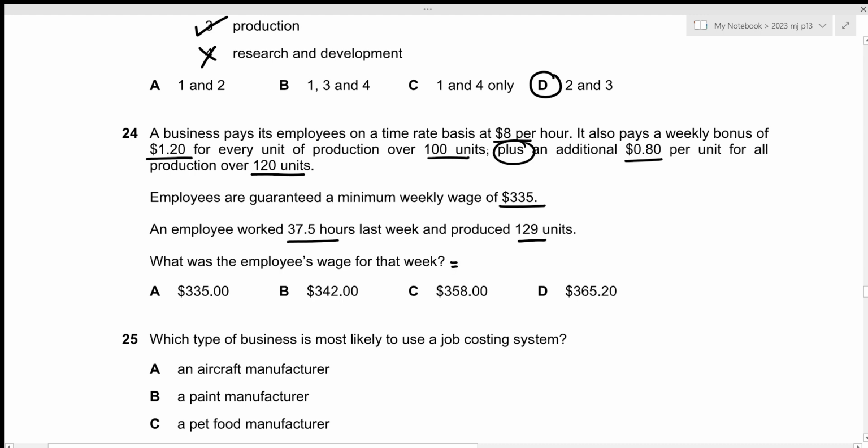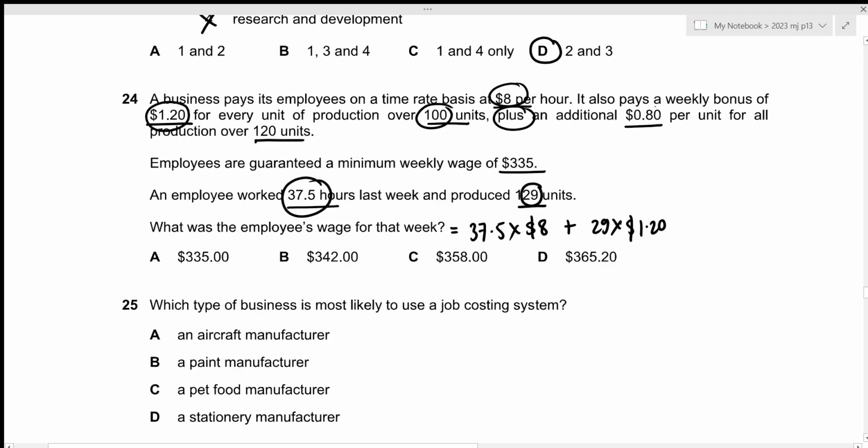So first of all, we need to calculate the hourly rate. The number of hours worked is 37.5. We need to multiply it by the rate per hour, which was 8. Then there is a bonus of 1.20 for every unit of production over 100 units, and over 100 units, there are 29 units. So for 29 units, they will be getting 1.2 per unit.